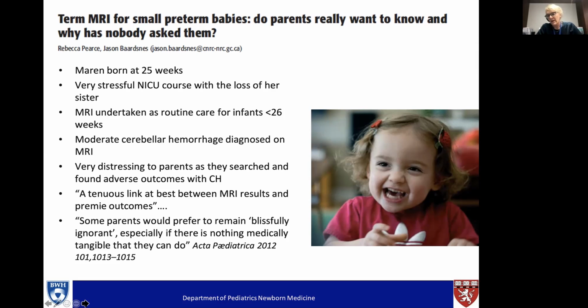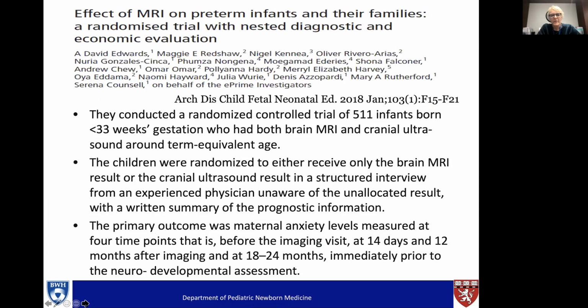However, Marin went into aggressive early intervention and has done well. Her parents therefore feel that what they went through was a lot of pain for no gain, because they describe a tenuous link between MR results and outcomes, and some parents would prefer to remain blissfully ignorant, especially if there's nothing medically tangible that can be done.